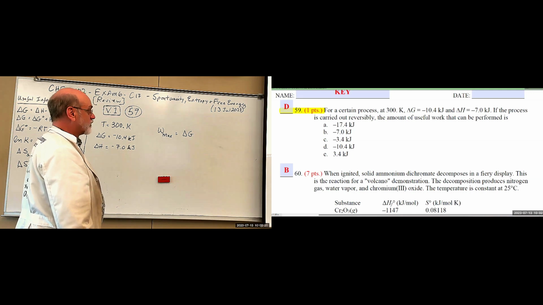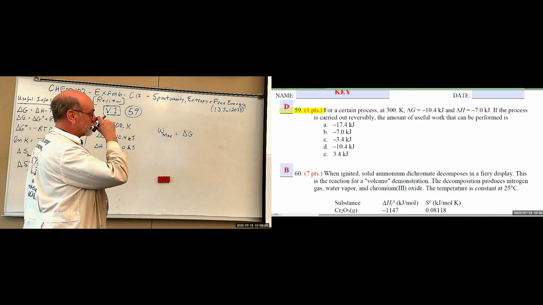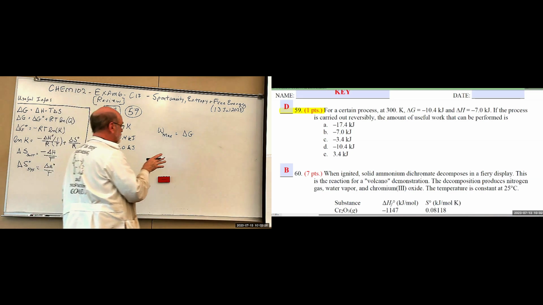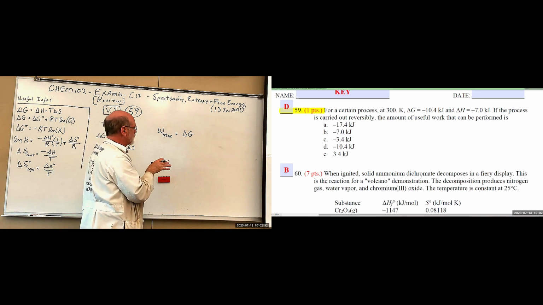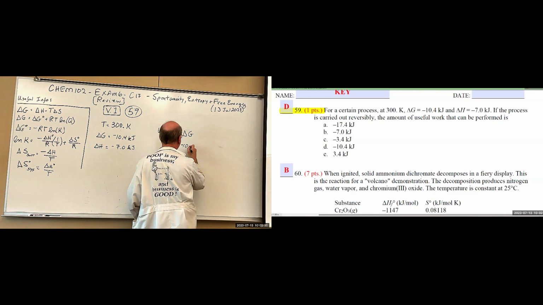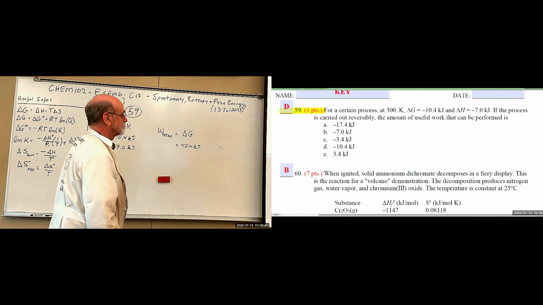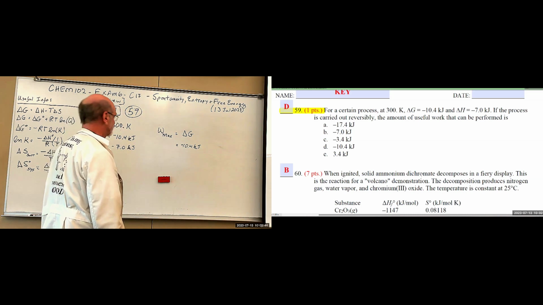The maximum amount of useful work that can be performed, and it's spontaneous if delta G is negative, is negative 10.4 kilojoules. So that's D.